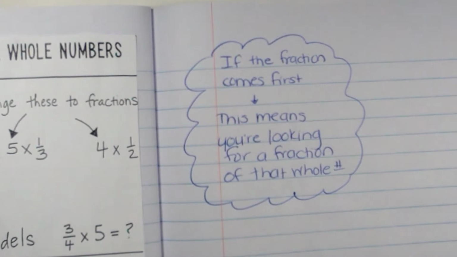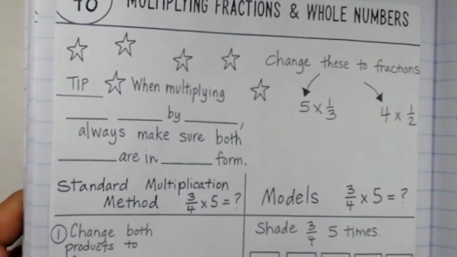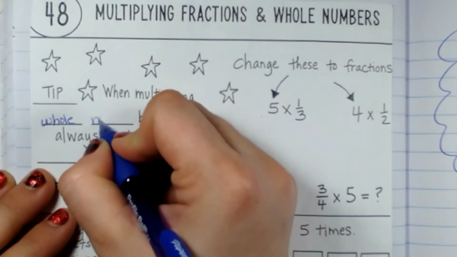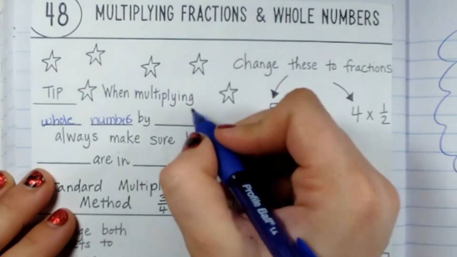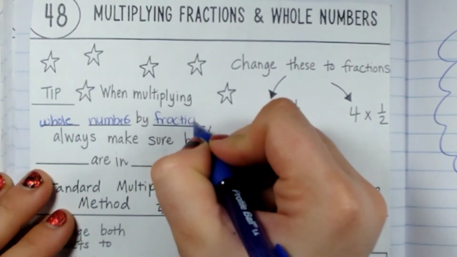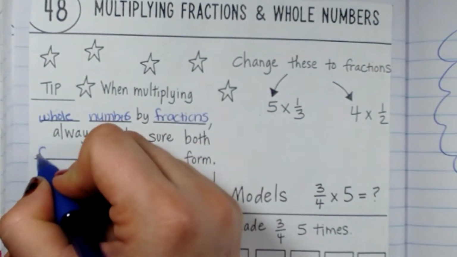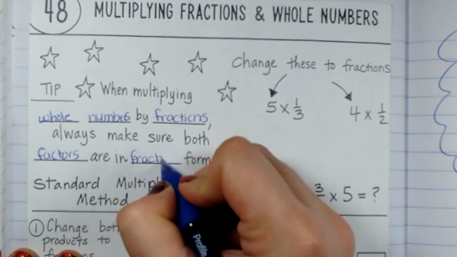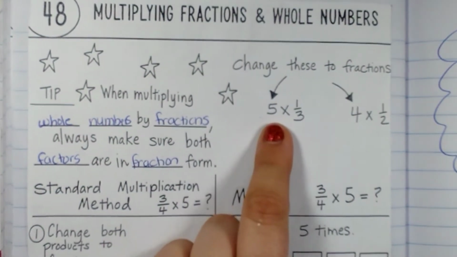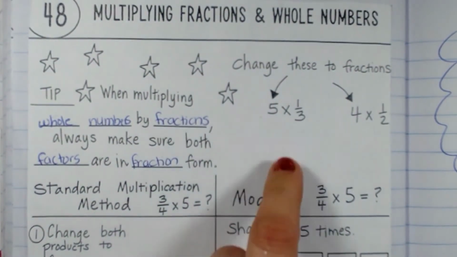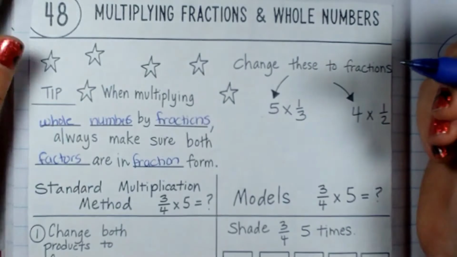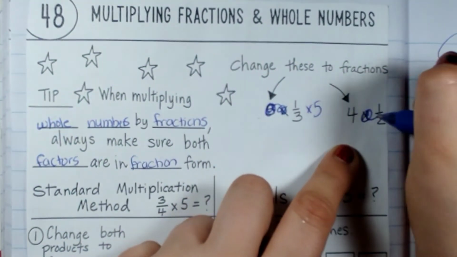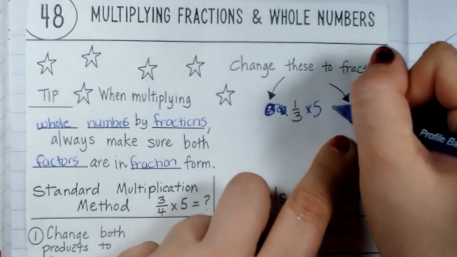So here's a tip. When multiplying whole numbers by fractions, make sure both factors are in fraction form. Just like we did in our last lesson, we have to make sure that they are in fractions. So for this, we are going to be changing this to 1 times 1/2.